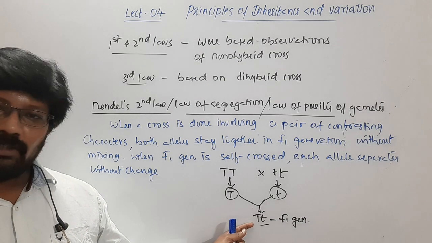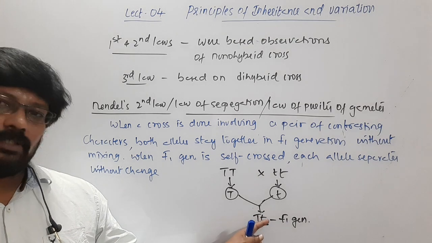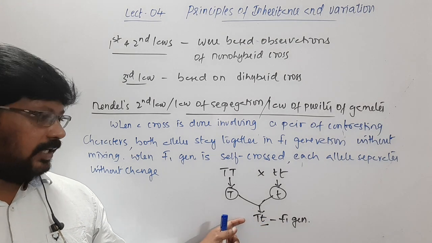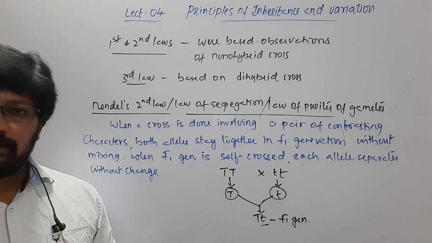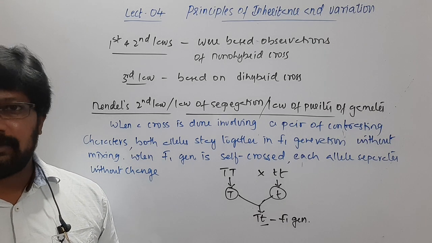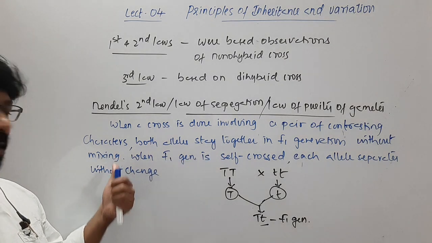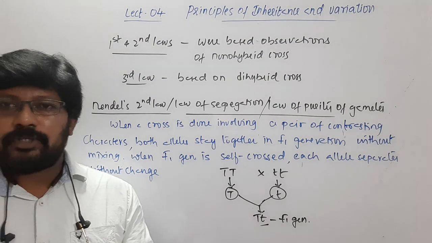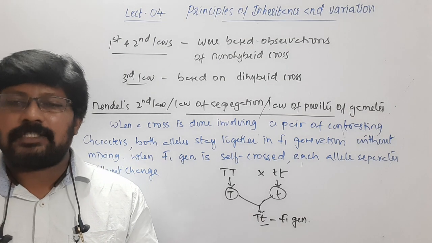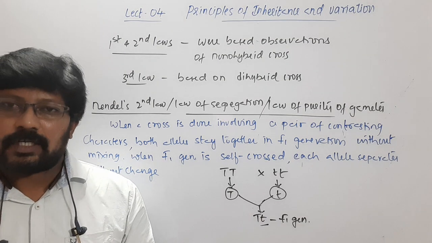This capital T is not interfering with the small t, or the small t with the capital T. Both remain together without mixing or blending, and they do not produce another phenotype. That is not seen.